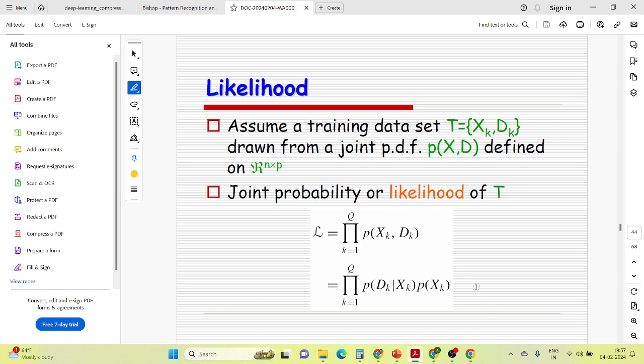As you can see, likelihood is the joint probability of the data. Here dk means the t that we have considered, and our x. So it is the product over all the training examples. That is the likelihood or joint probability.